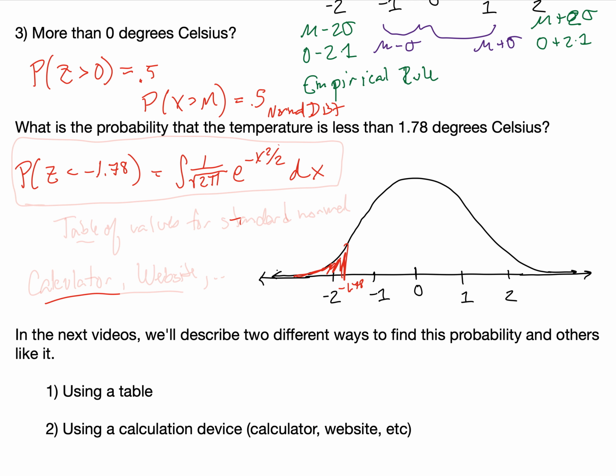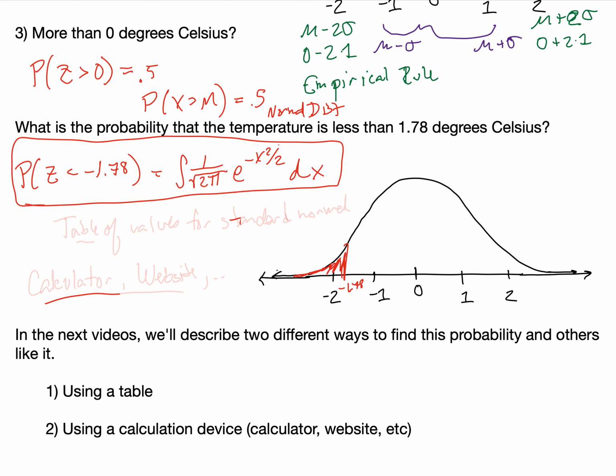This integral is not easy to take, even for those with calculus knowledge. We cannot use, for example, substitution or other easy integral techniques. So even those that can integrate typically don't do this, but they refer to a previously published table of values.